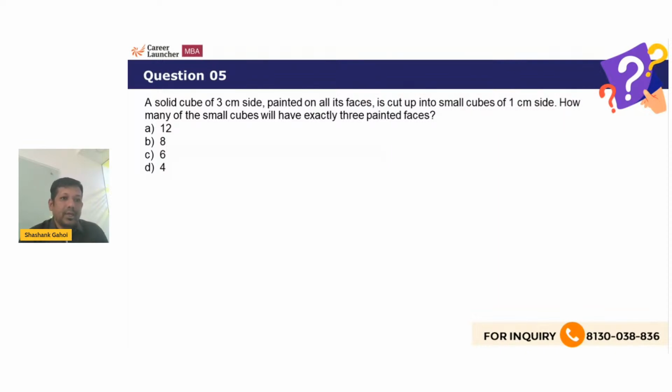Okay. A solid cube of 3 centimeter side is painted on all its faces and cut up into smaller cubes of one side each. So that is 3 into 3 into 3. Exactly three faces painted. What should be the answer of this one?